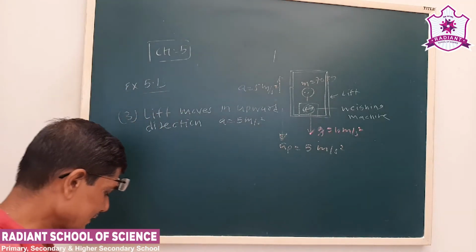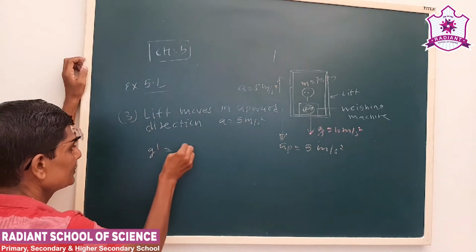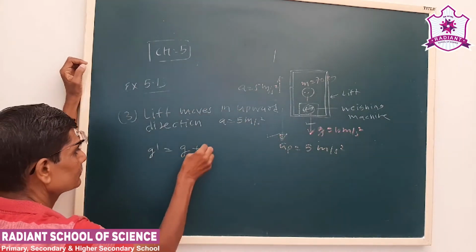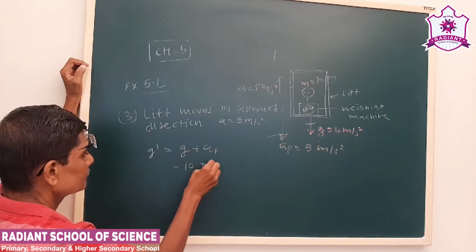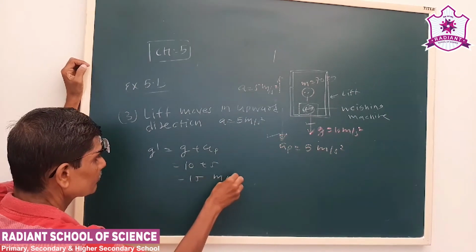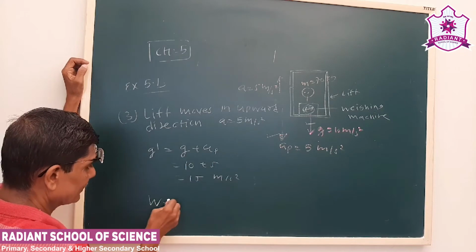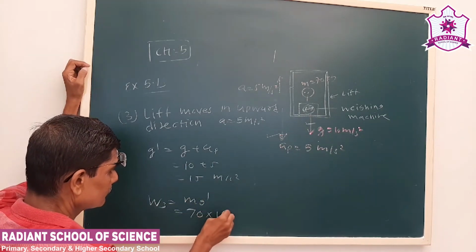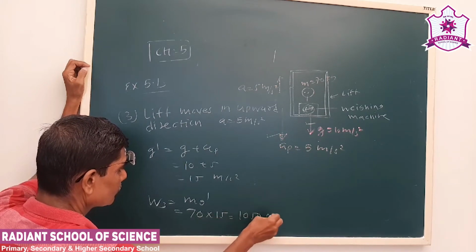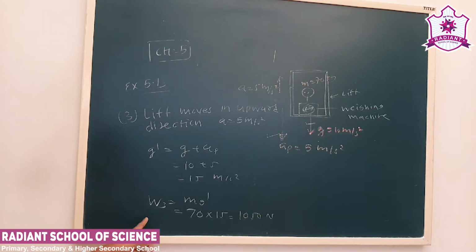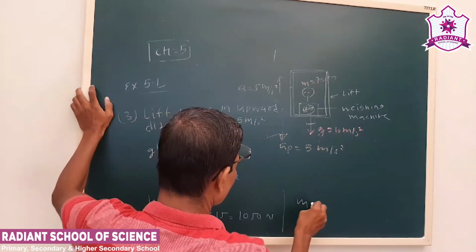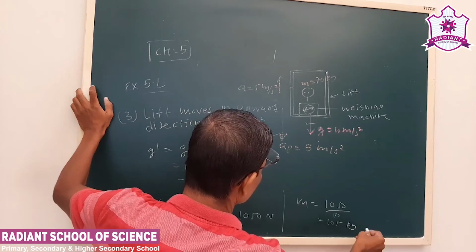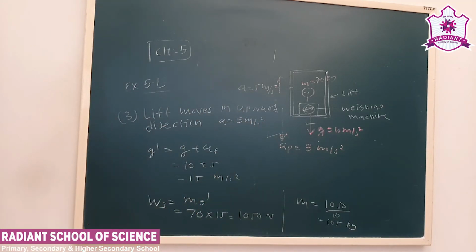Now see the resultant acceleration g dash: g and AP are in the same direction. Third case, so we take m g dash, or the weight, which is the force. Mass recorded will be this. So this is the third case.